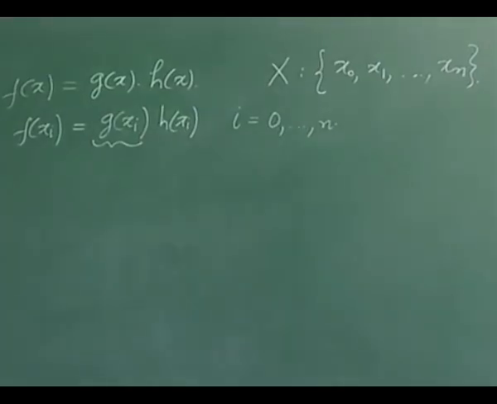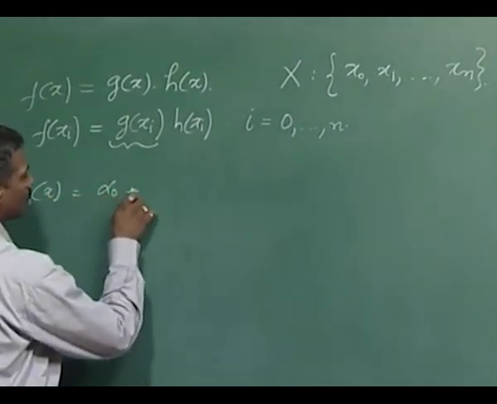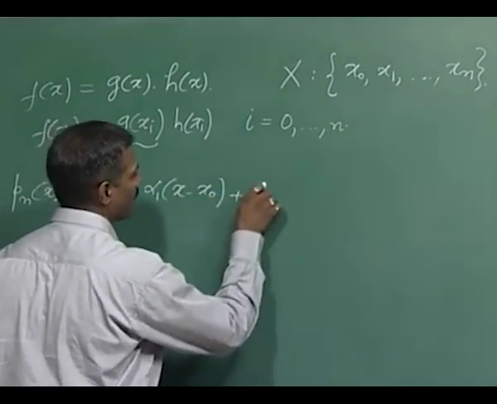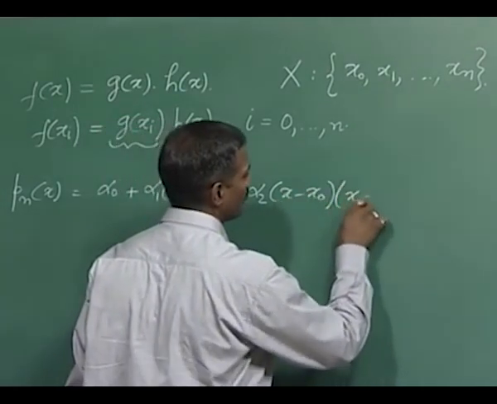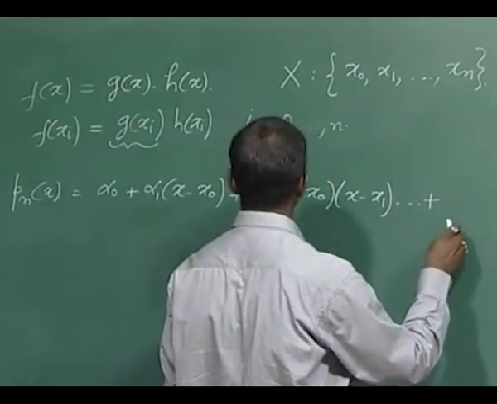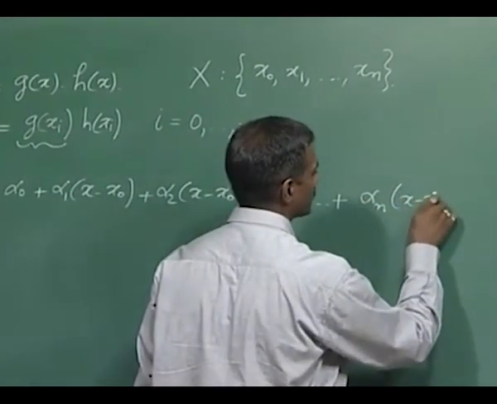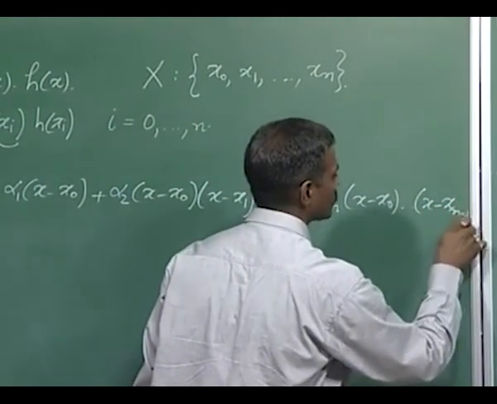Recall the Newton's interpolation formula. A polynomial of degree n in x is given by alpha 0 plus alpha 1 (x minus x0) plus alpha 2 (x minus x0)(x minus x1) plus ... alpha n (x minus x0) up till (x minus x_{n-1}).